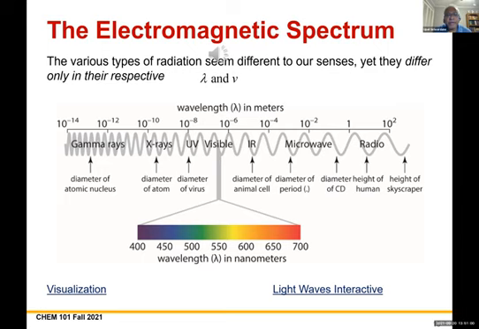Then gamma rays, X-rays, UV, visible, IR, microwave, radio. The six radiations we talked about in the last slide have these lambda values.